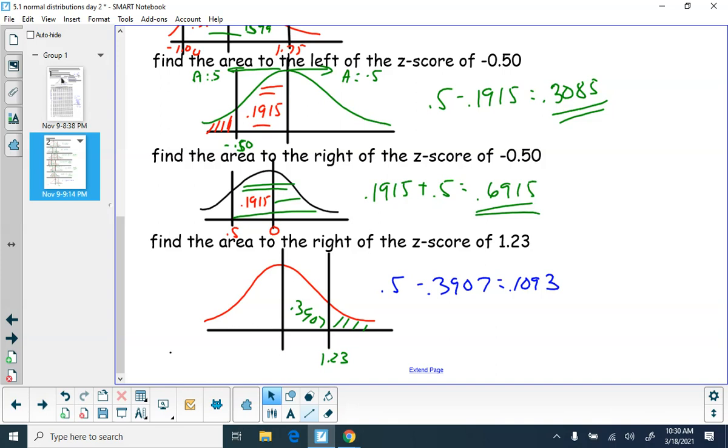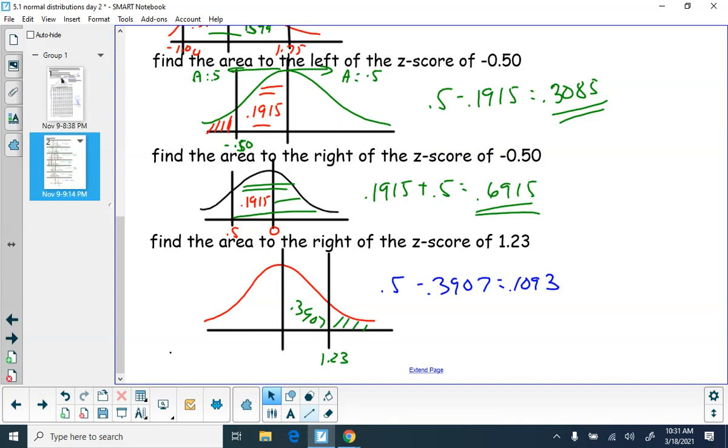Now what I want you to do is take a look at the front of the worksheet. The front of the worksheet is exactly what we've just been doing. Every time you should draw a bell-shaped curve. What I want to take a look at is the back of the worksheet, because what I ask you to do is find the probabilities. Let's take a look at problem number 14.